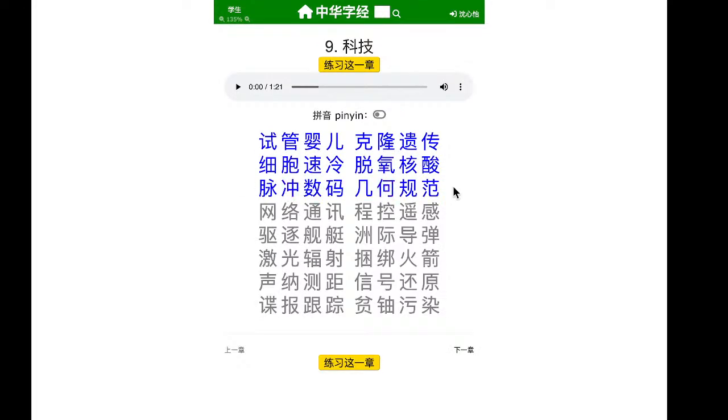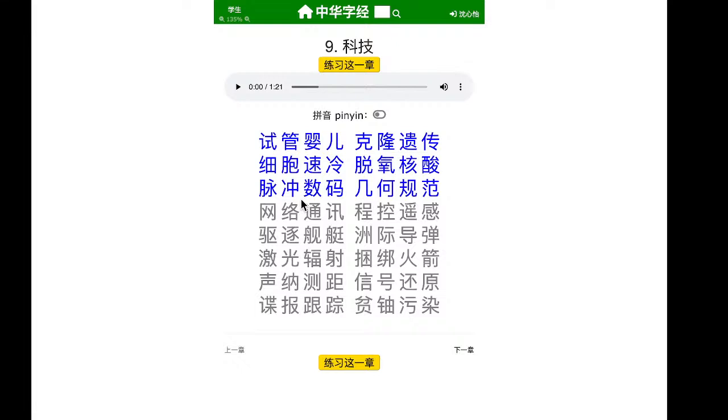Okay, so this phrase: 脉冲数码几何模范. 脉冲 means something that moves like a pulse. In the science and technology field, there are many things that move like a pulse.